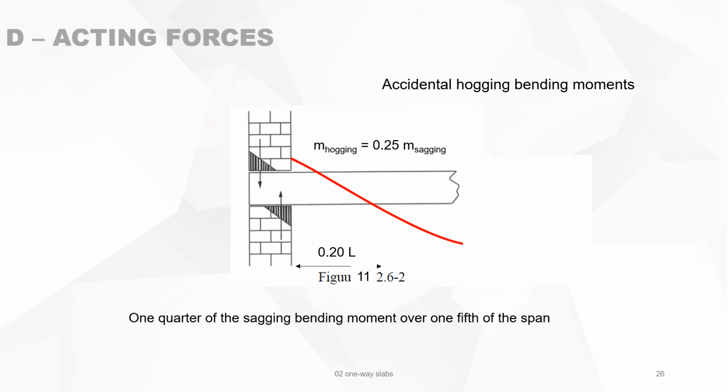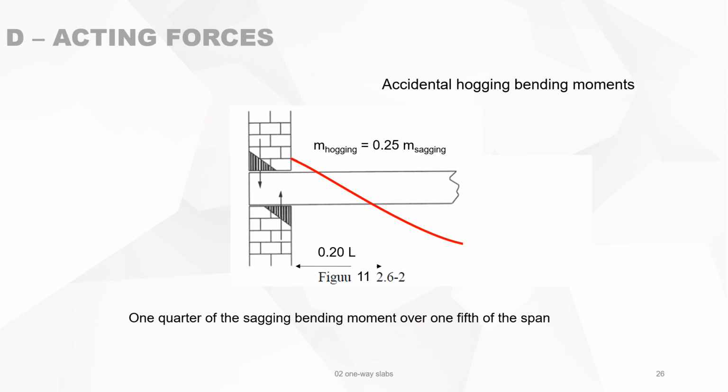Now, when a slab is supported, for instance, by brickwork, then you will always have a hogging moment. It's an accidental hogging moment because of this semi-clamped support. It's not hinged.